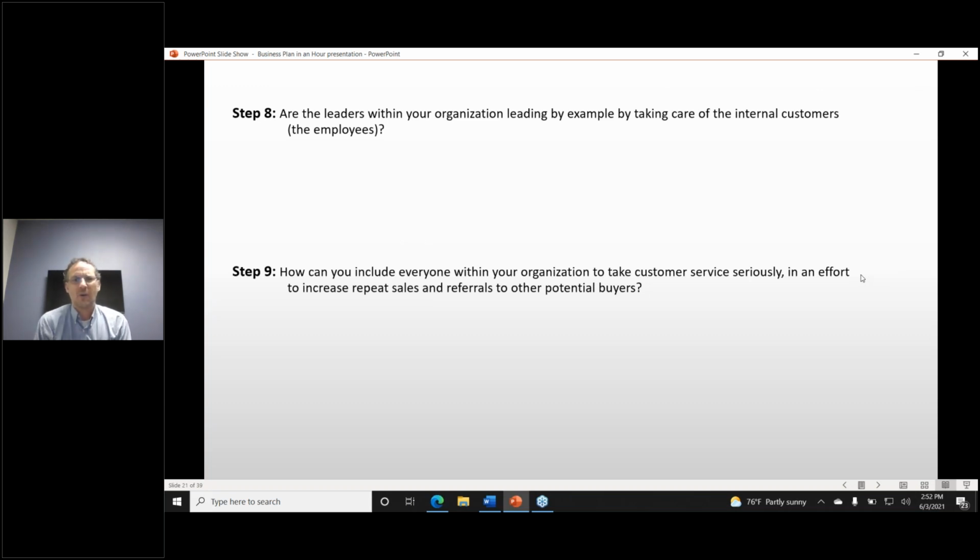Are the leaders within your organization leading by example by taking care of the internal customers, the employees? Many of us think of customers as those that purchase from us. We also have to think about the people that help us produce and manage and implement everything that we sell. So how are you taking care of your employees?